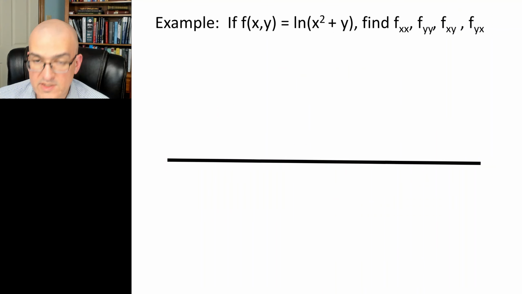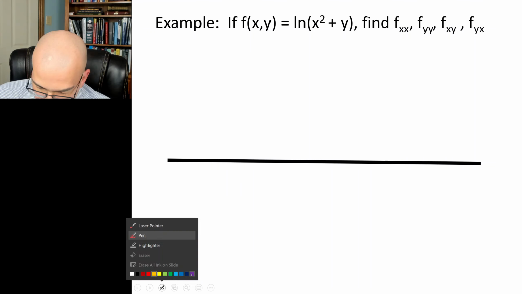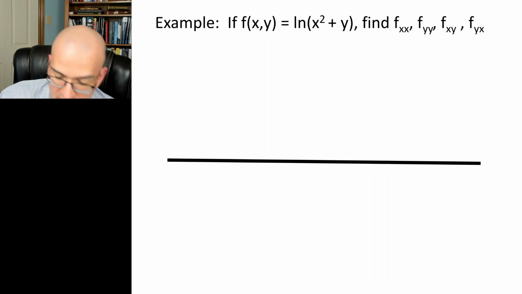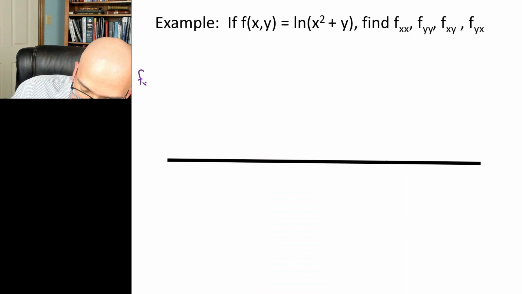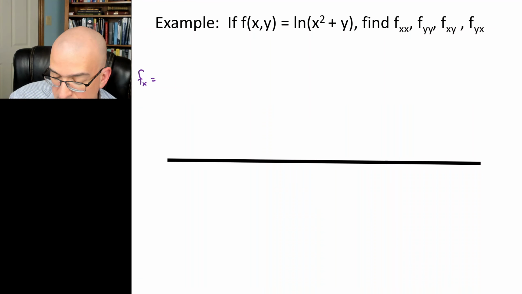Okay, tougher one. We're going to take the four second partial derivatives of this function, and we're going to start the same way. I'm going to start by taking an x derivative branch on top, a y derivative branch on the bottom. For the x derivative, f sub x, we're taking the derivative of the log of a function, the ln of w.